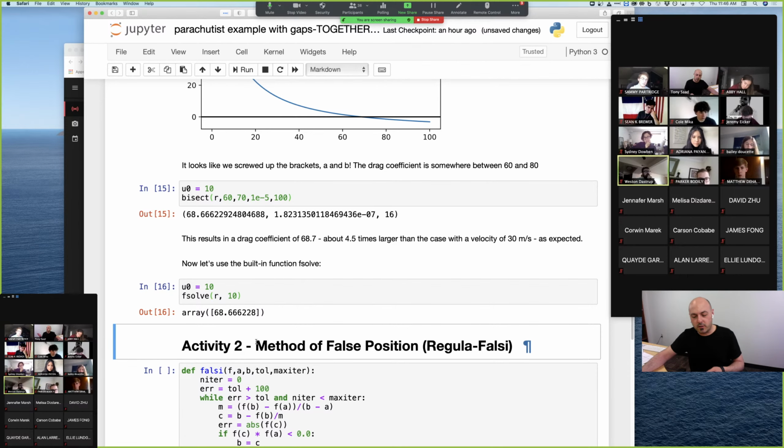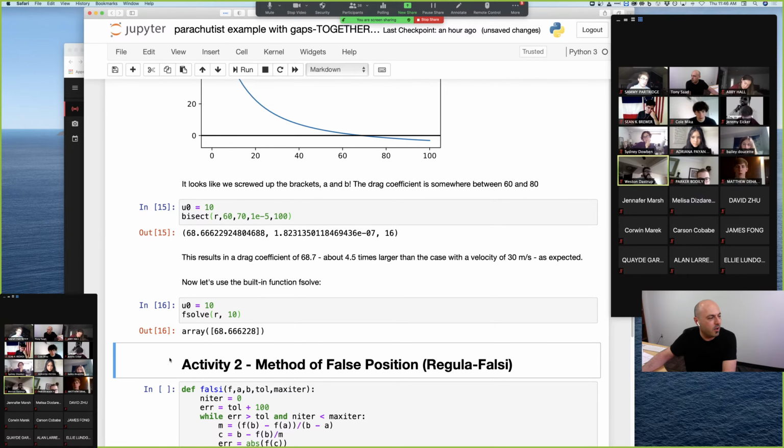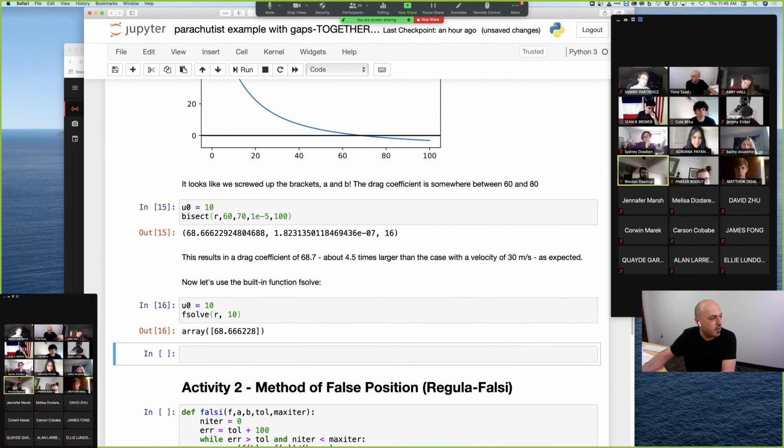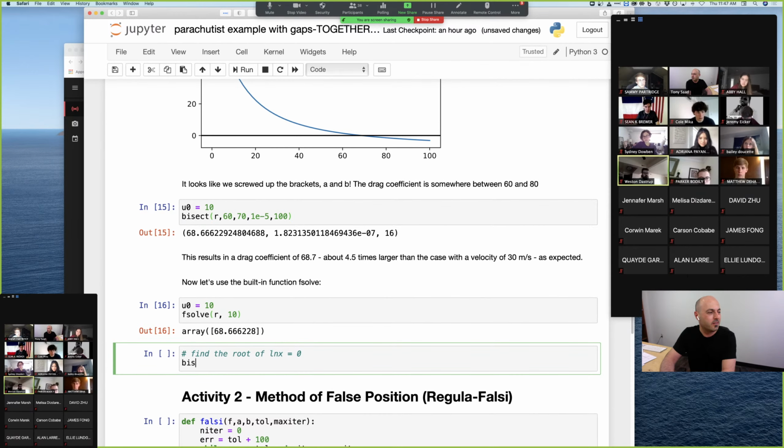So now let's say, and this is just an excursion, you want to find the root of log x equals 0, just like we were doing in class. What do we do? Bisect. What are we going to give it? What's the residual function for log x equals 0?